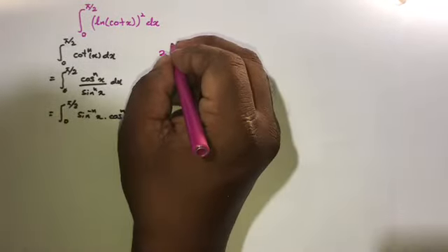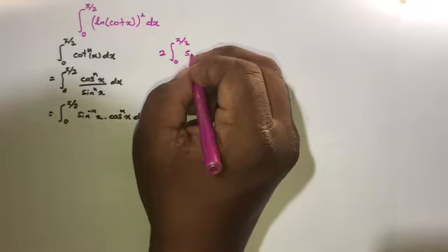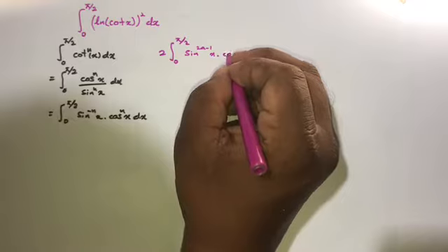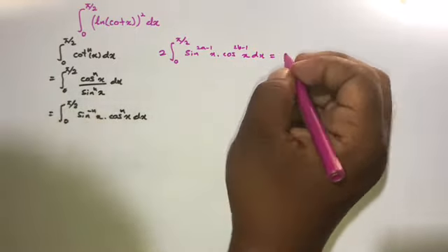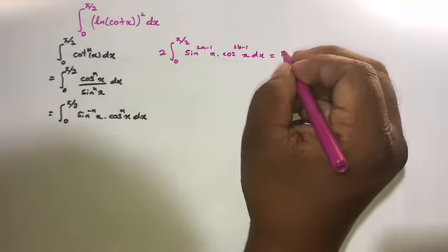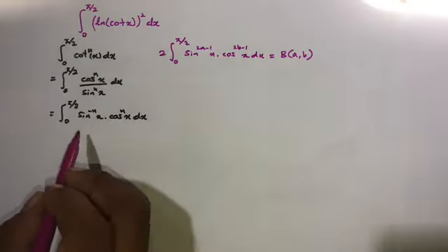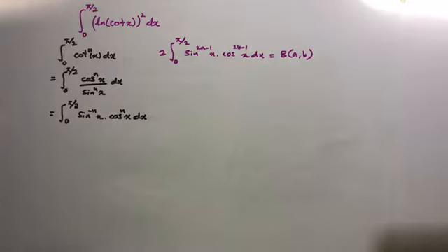Now we can use the beta function. We know 2 times the integral from 0 to pi over 2 of sine raised to the 2a minus 1 of x times cosine raised to the 2b minus 1 of x dx is equal to beta of a, b. So now we can write this integral by using the beta function.